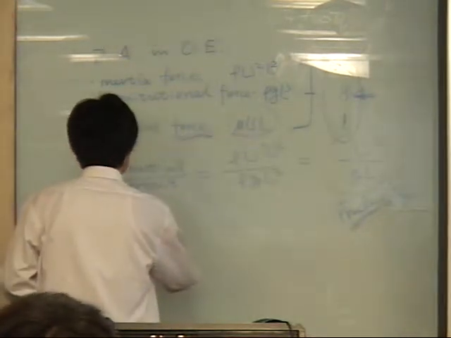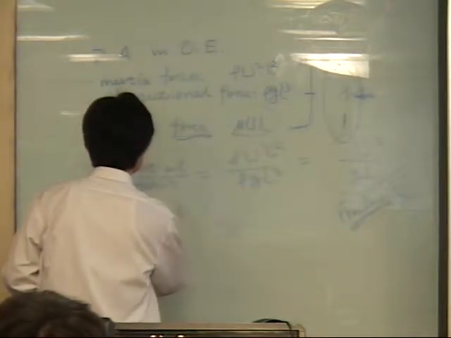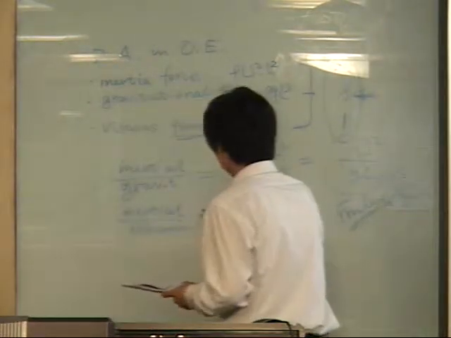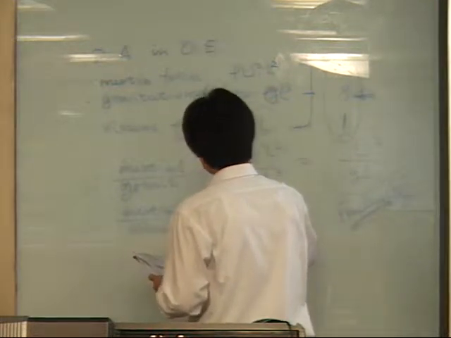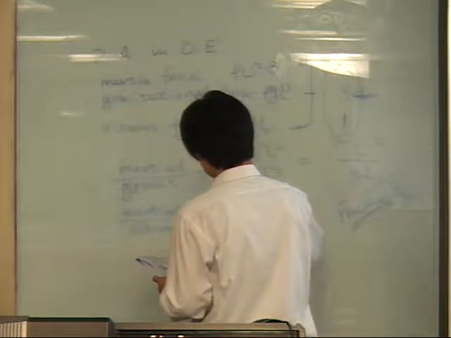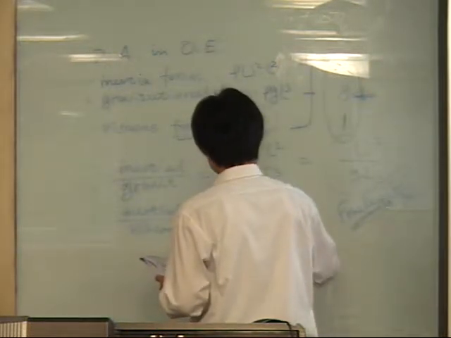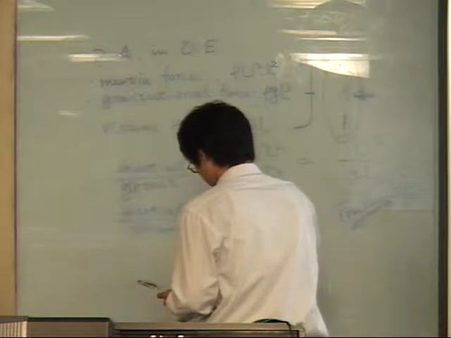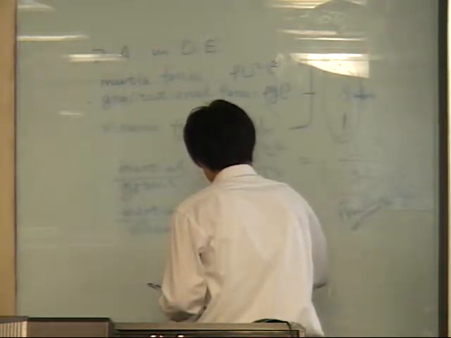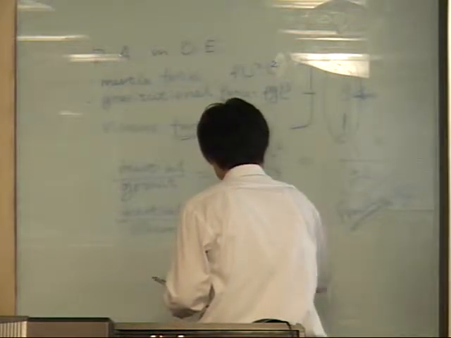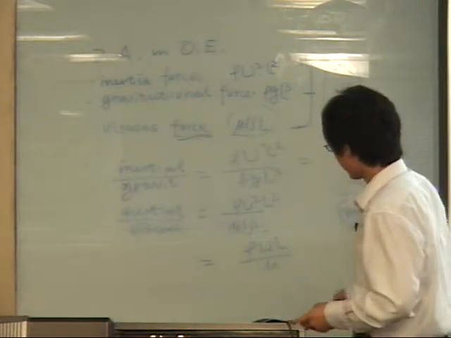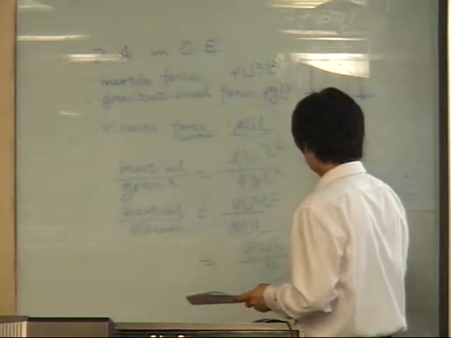And then the next one is inertia over viscous. This one is rho U L squared over mu U L. This equals rho U L over mu. This is the Reynolds number.